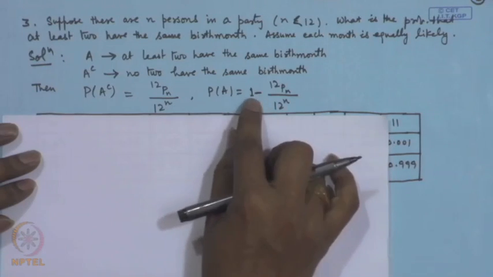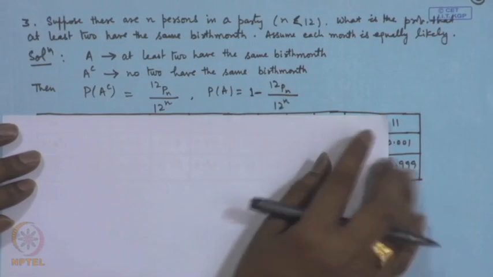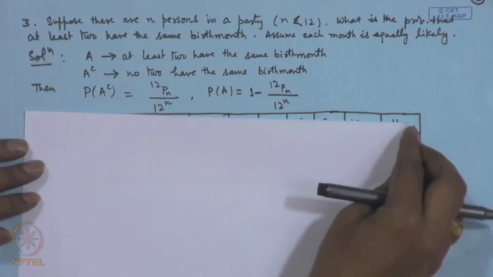Therefore, probability of A is simply 1 minus 12 P n divided by 12 to the power n.